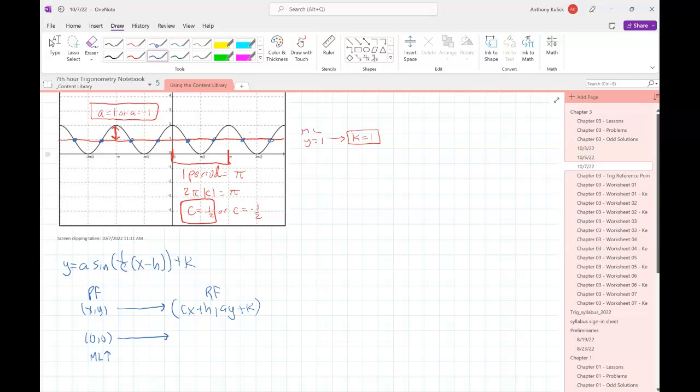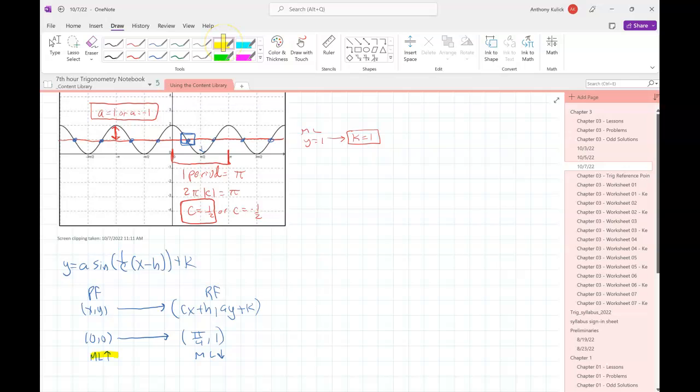No. Mr. Kulik's going to pick this one, which is pi over 4, comma 1. And that's a midline point that's followed by a minimum. Everybody's okay with that?